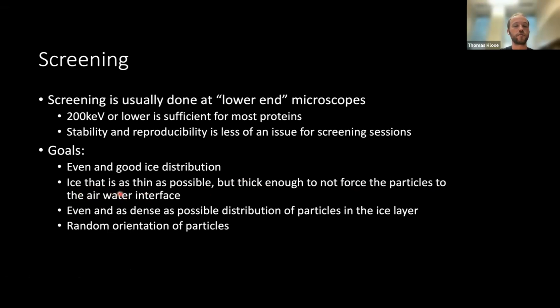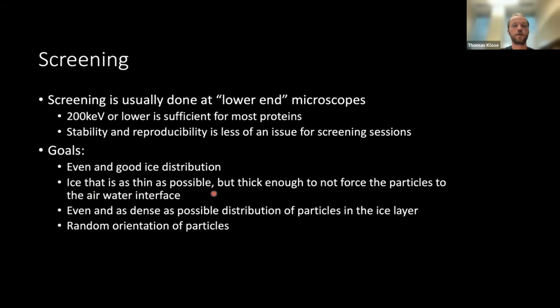When we blot the water away and it gets too thin, molecules like to go to the air-water interface. If they do that, they will denature on the side where they're exposed to the air. If you then take images of these molecules, they will be partially denatured on one side, and that is obviously not what you want.